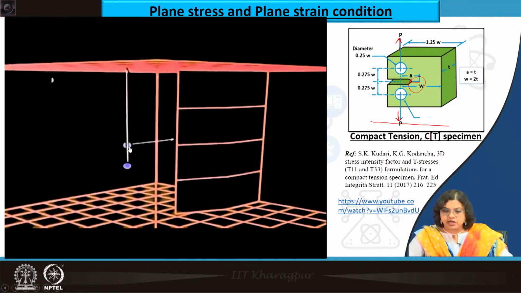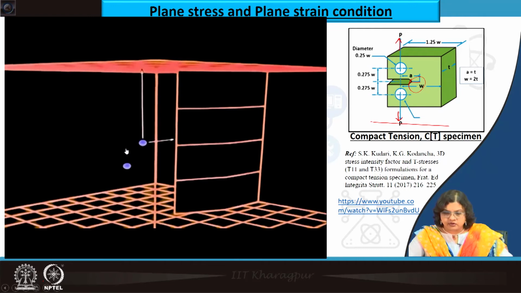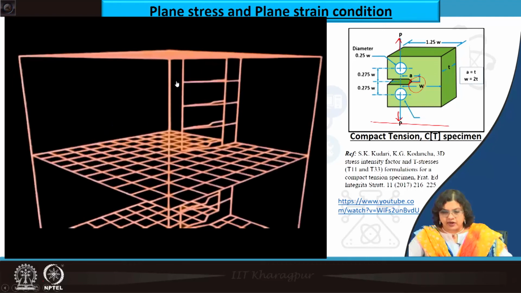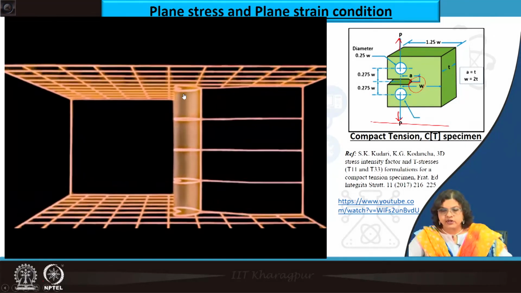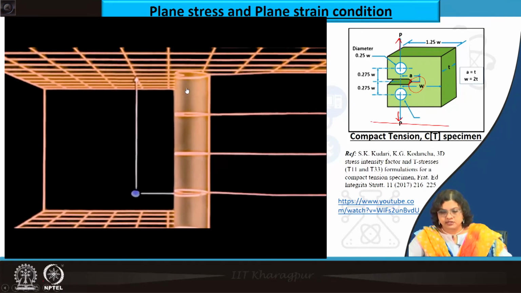To obtain similar kind of values, if we are shifting the point upward, we need to shift it towards the crack also to maintain this plane strain condition, and eventually it has to be very near to the crack tip to achieve this plane strain condition. But so far we have not talked about the plastic zone and its influence.